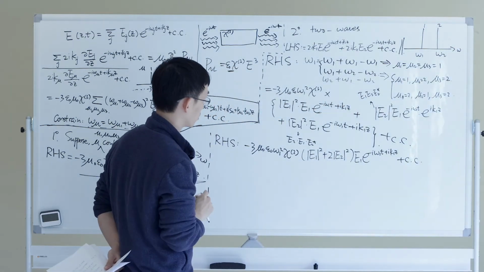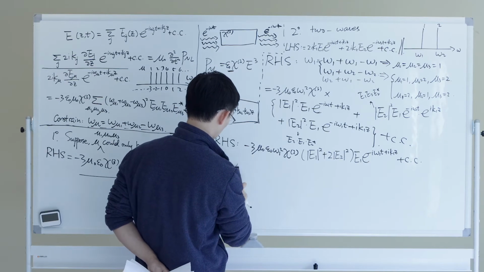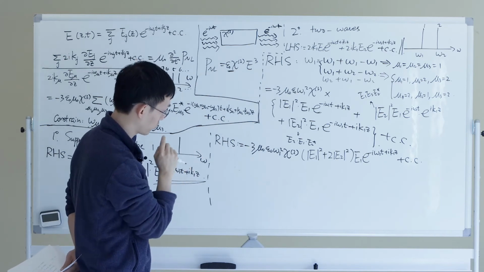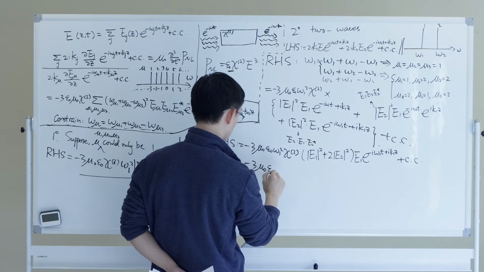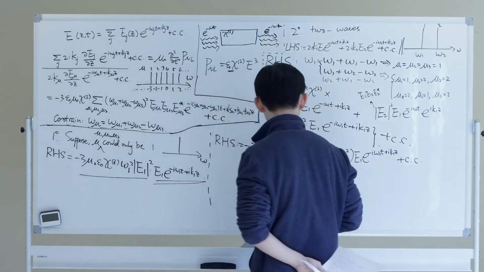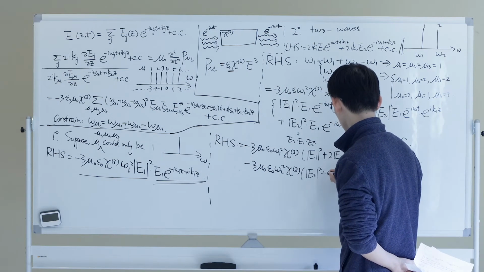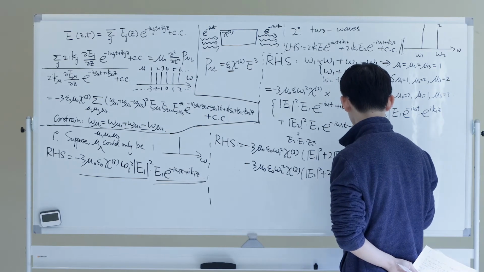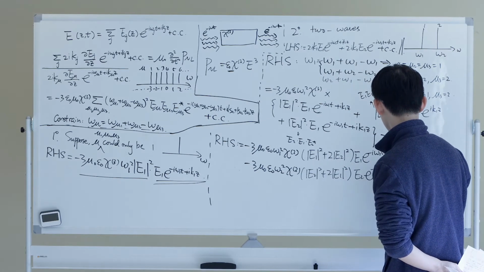And then for the omega 2 term, what we can do is we keep writing down. For the omega 2 term, you just switch 1 and 2, switch the indices, so this is omega 2 square chi 3, E2 square plus 2 E1 square, E2 e to the minus i omega 2 t.